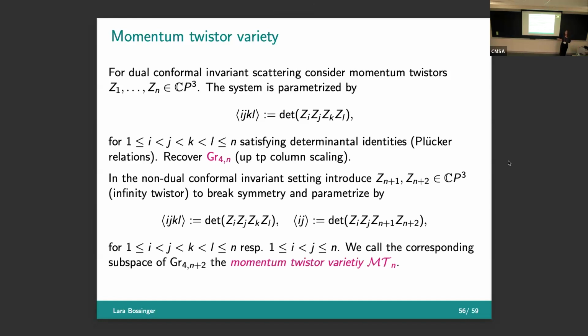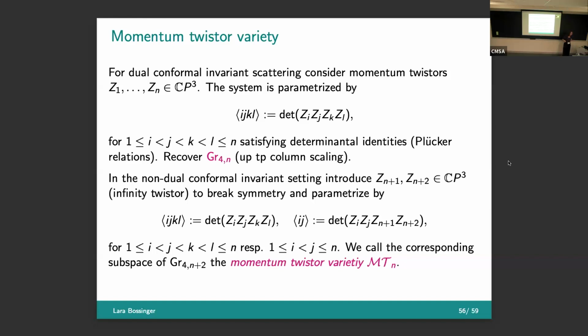Then I parameterize everything by still considering the minors I considered before, these maximal minors up until the nth column of my matrix. And then I add these extra angle brackets, depending on 2 indices from 1 to n, where I always take these extra n+1 and n+2 points together. So the whole system now depends on the choice of points from 1 to n, and the line generated by n+1 and n+2. There's no individual dependence on n+1 and n+2, just the line they generate.